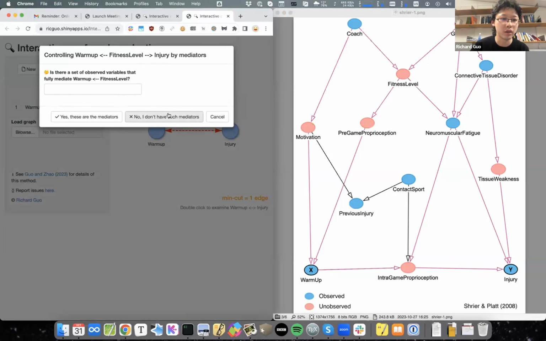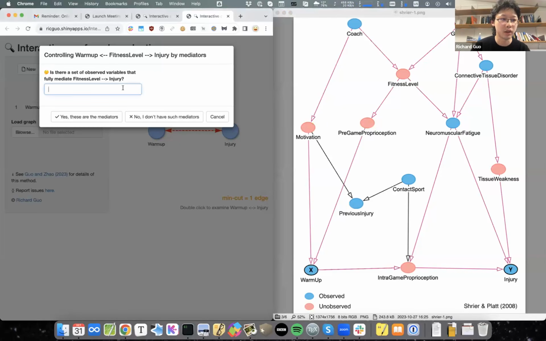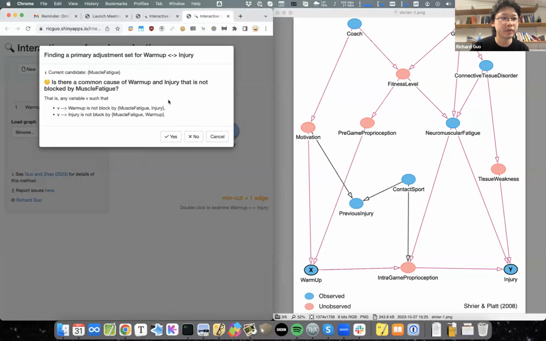I would say no. Is there a set of observed variables that fully mediate the effect of fitness level on the injury? Well, if I think about it, fitness level only affects the injury through muscle fatigue, and muscle fatigue is observed. So I would say muscle fatigue. These are my mediators.